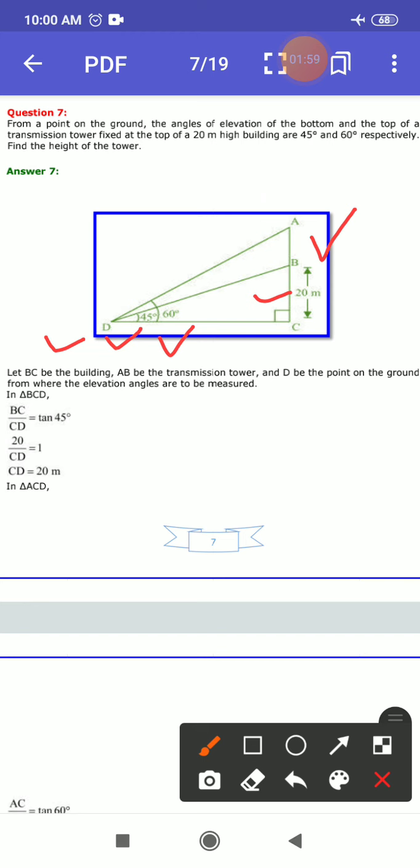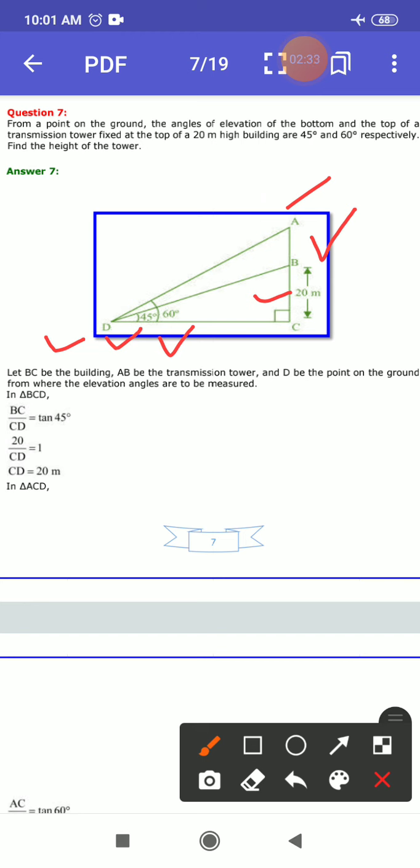So again I will repeat: here a building BC and a tower AB stand on the top of the building, and suppose you are standing at the point D and you see the top of the tower. The top of the tower is A, and the angle made with the ground is 60.